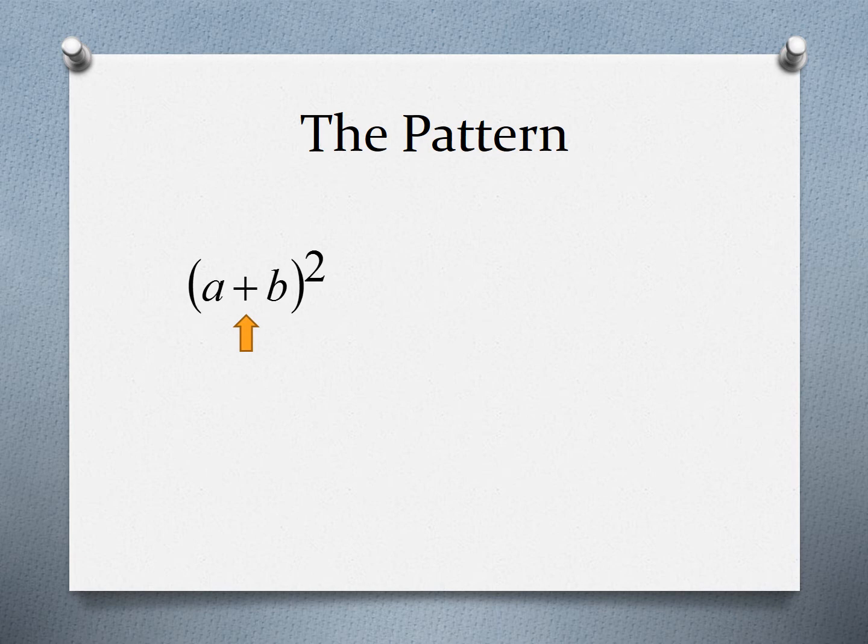Well, the pattern that we recognize here will always yield this pattern, where that first term gets squared, the second term also gets squared, and in between we have the first term multiplied by the second term times 2. It will always turn out this way. If you recognize that you have a binomial squared, the multiplication of that will always turn out this way.